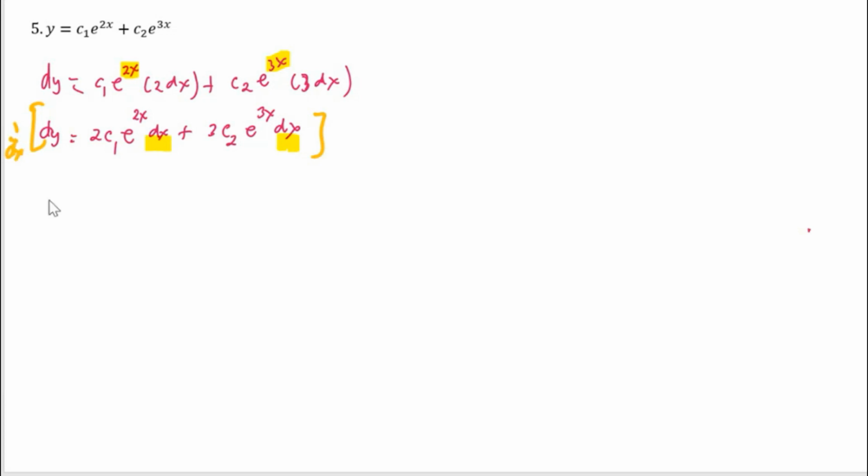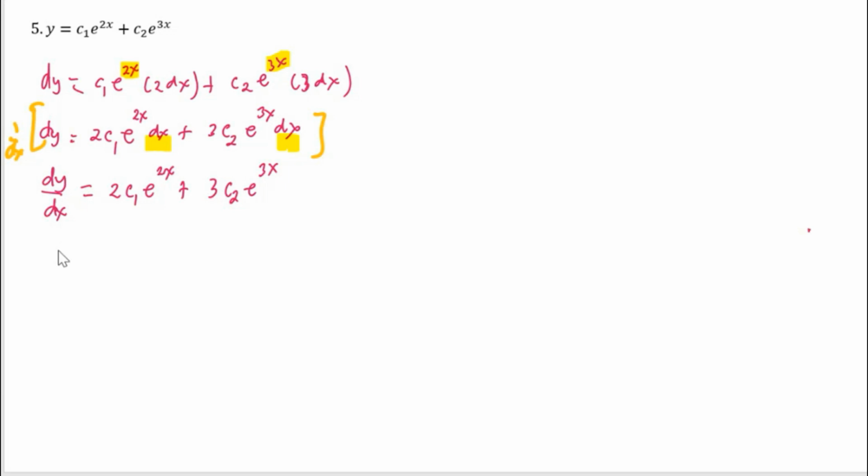So we have dy over dx, which is the first derivative, equal to 2c sub 1 of e raised to 2x plus 3c sub 2 of e raised to 3x. So that is now our first derivative.